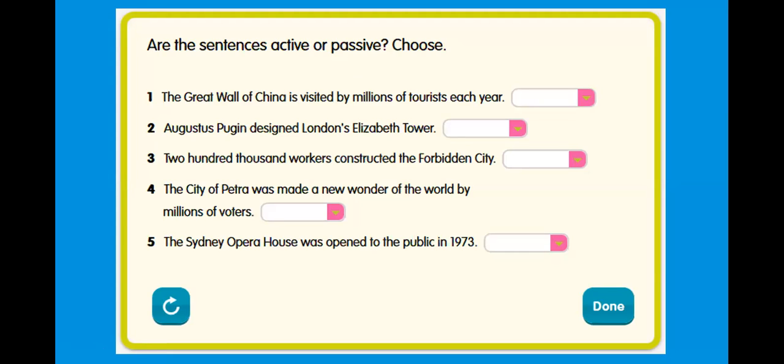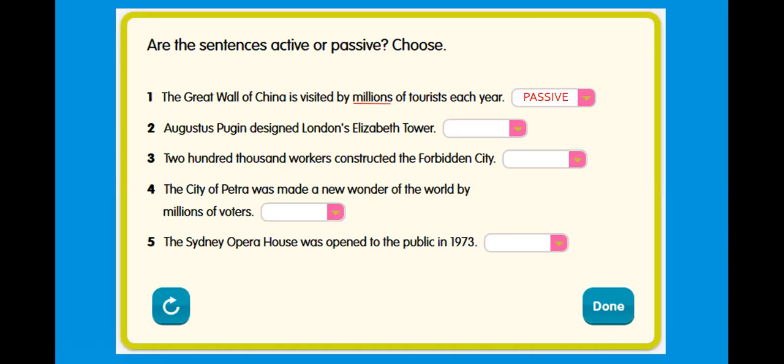So let's see, where is the person that is doing the action? Is it in the subject? No, it's actually in the complement. We're talking about millions of tourists, but millions visit the Great Wall of China. So this is not a normal sentence, okay? We can say that it's kind of backwards. So in this case, we have passive voice.